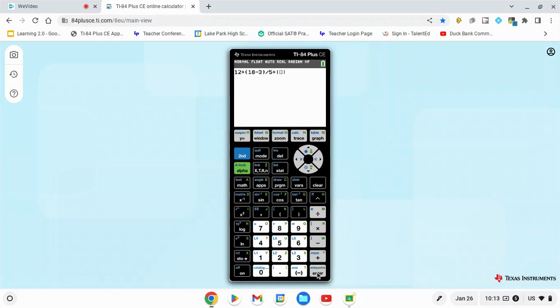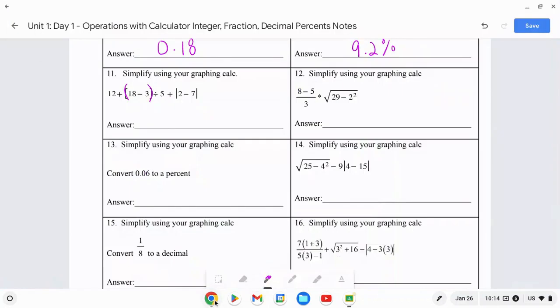So hit enter, and inside the absolute value bars, I'm going to type 2 minus 7, and then hit equals. So that one would give me positive 20 as the final answer. So I'm just going to write that down under number 11.